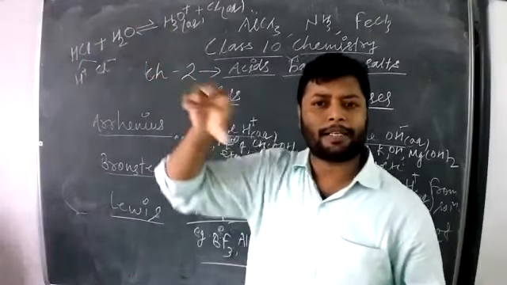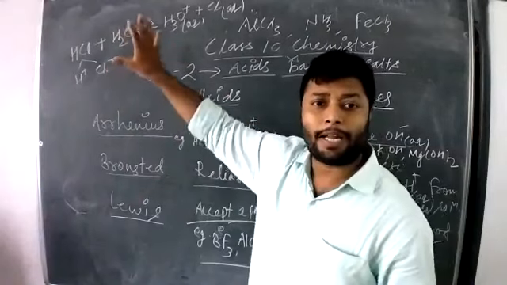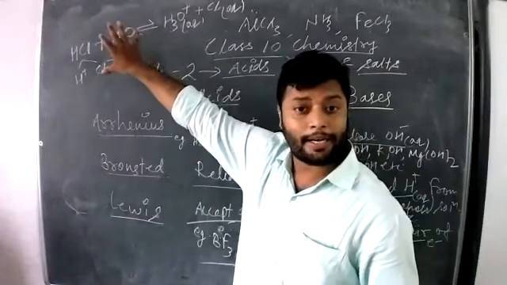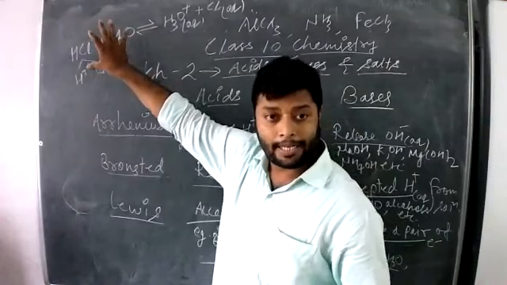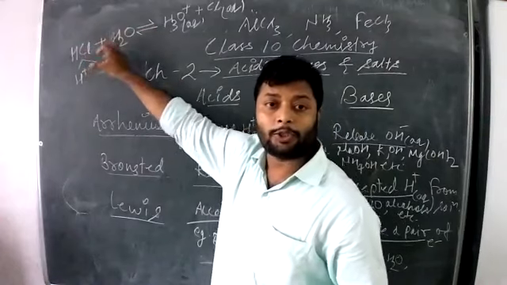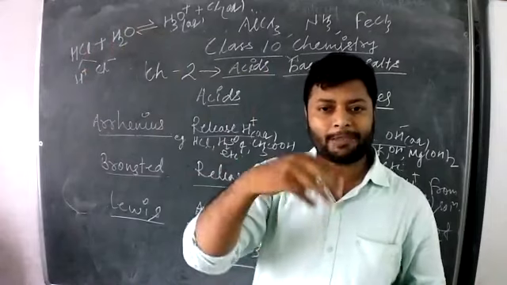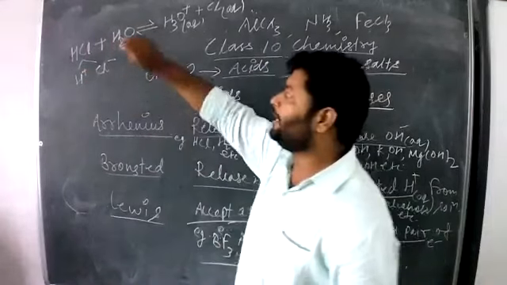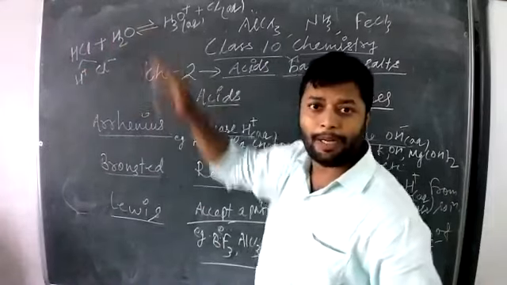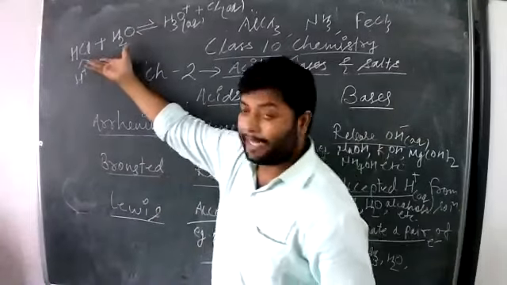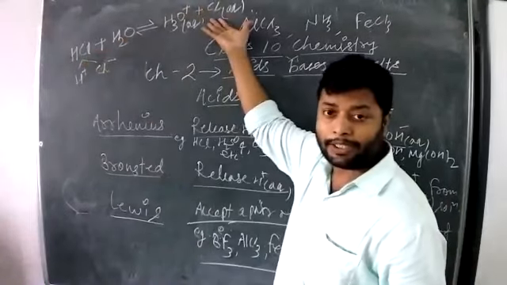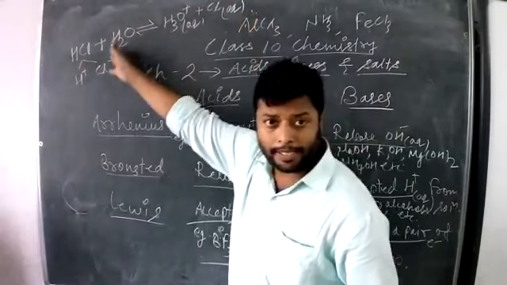This is only for an explanation, not a real value. In reality, HCl shows only a single direction reaction. But for explanation, let's suppose this is reversible. Reversible means reactants change into the product, and product changes back into reactants.